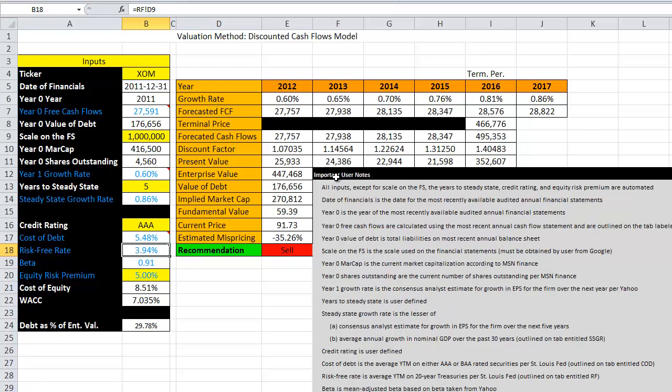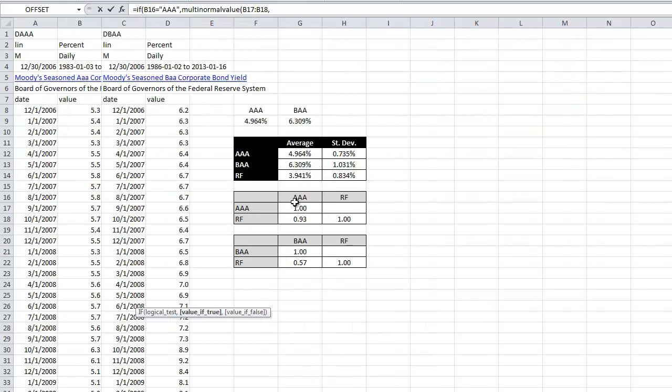Okay, so we're going to want to do the same thing here. We're going to need to use an if-then formula. We're going to say if that equals AAA, then we want multi-normal value. And again, we want B17 to be correlated with B18. If it's AAA, then that's our correlation matrix, and the average is now the risk-free average, and the standard deviation is right there.